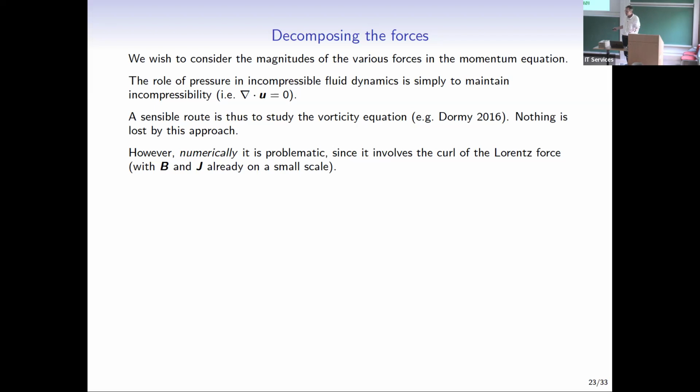From experience, I know that if we work out curl of J cross B, we were not happy with that. You start getting ringing and things. But no, we don't solve the vorticity equation. That's one of the beauties of Boussinesq spectral codes. All you do is you advance the velocity.